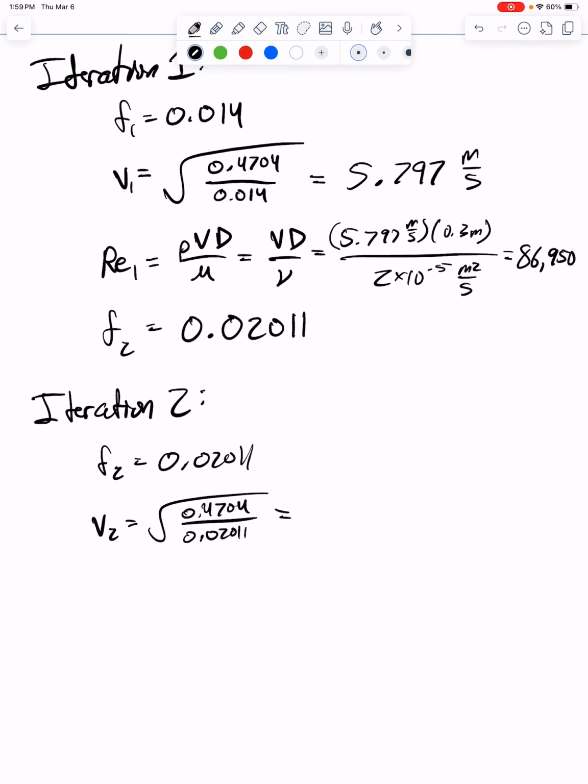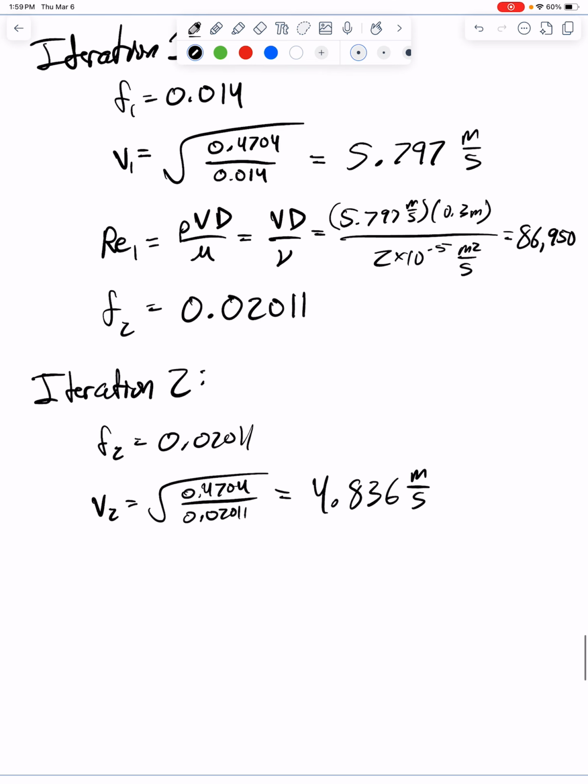So you get 5.7 square root of 0.4704 divided by 0.02011. So my new velocity is 4.836 meters per second. So our velocity changed. That's fair. And our Reynolds number is going to change too then.